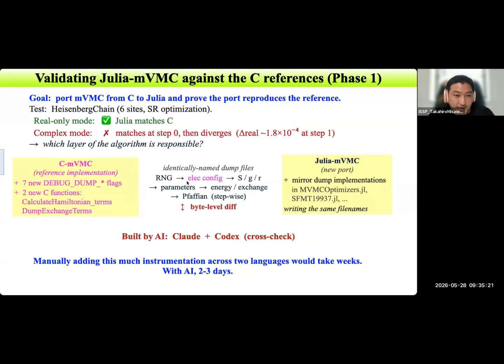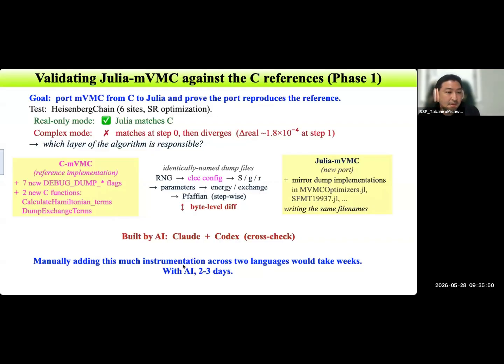AI also compares the electron configurations in the Monte Carlo samplings, the matrix elements, parameters, and so on. Yes, this is a very tough task. We should handle two different source codes, one written in C and one written in Julia. For a usual human, it is impossible, but AI can do it.